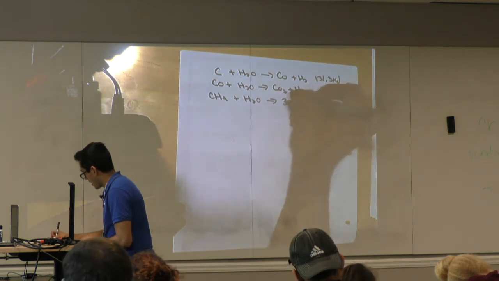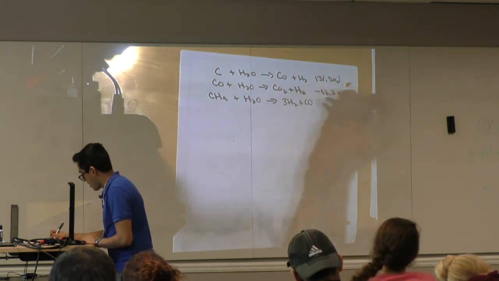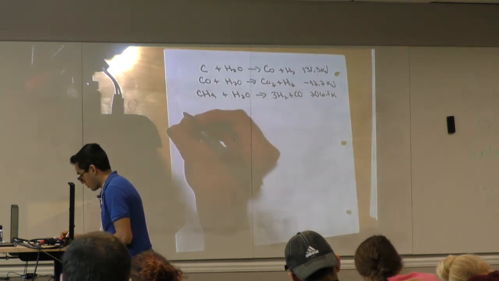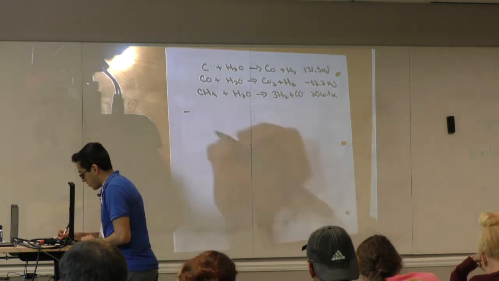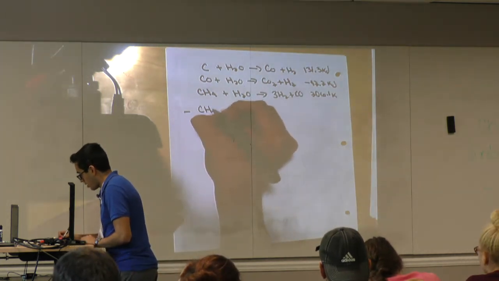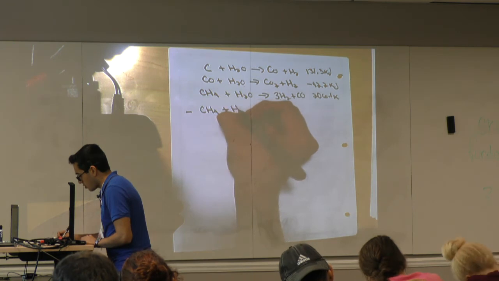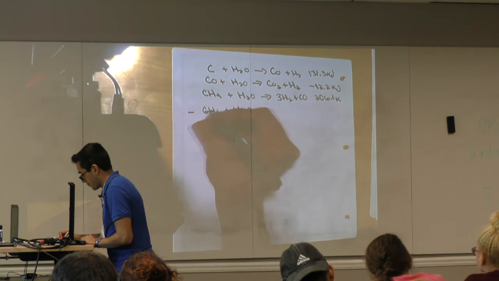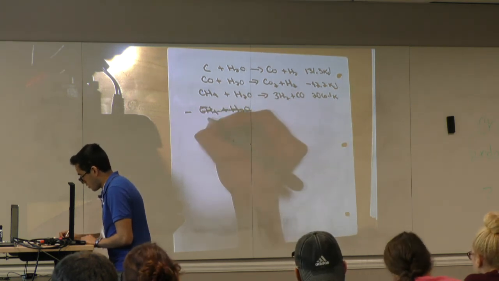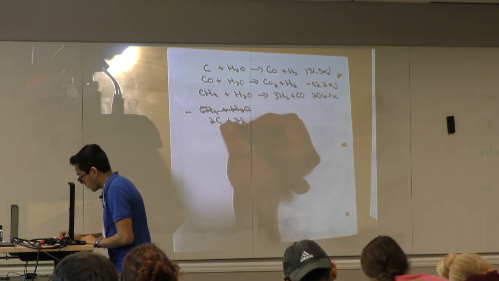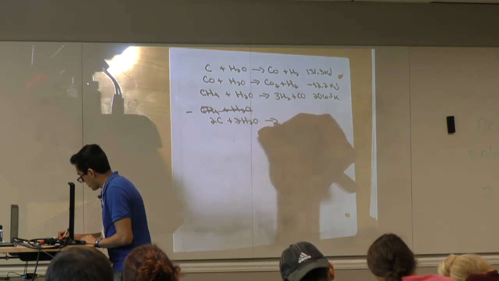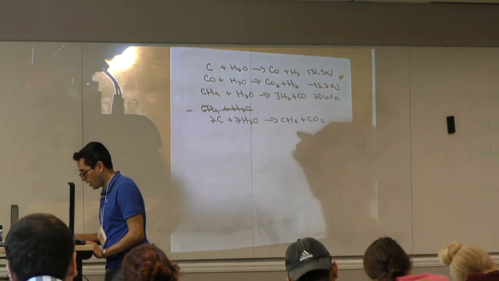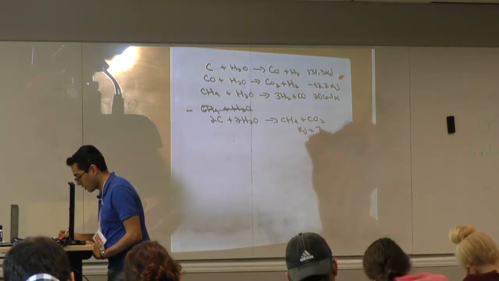That will give us 3H2 plus CO at 206.1 kilojoules. And what we're trying to solve for is how much energy the reaction, excuse me, it is actually 2C plus 2H2O creates CH4 plus CO2. That's the equation we're trying to solve for. How much energy does this one create?